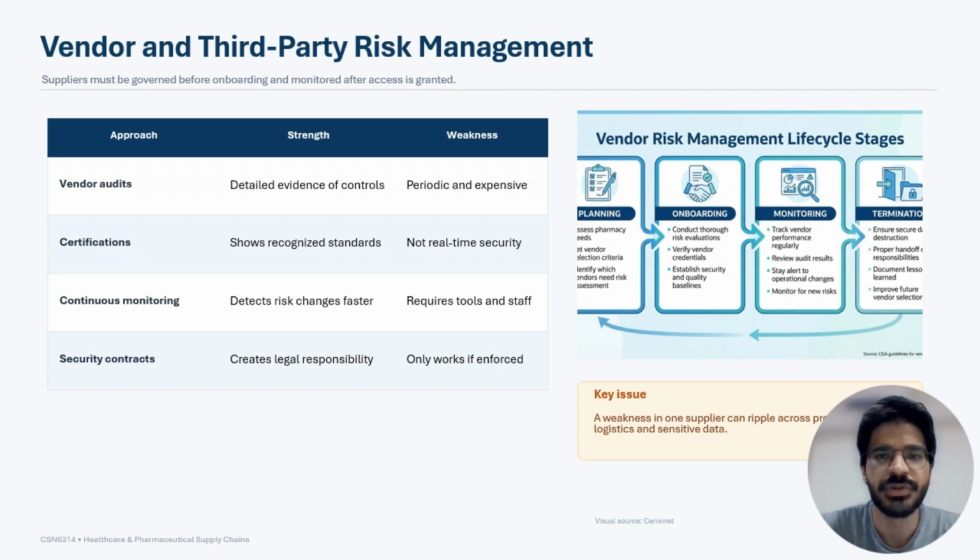Continuous monitoring detects vendor risk changes faster, but it needs tools, cost, and skilled staff. Security contracts create clear responsibility, but only if they are enforced and reviewed.